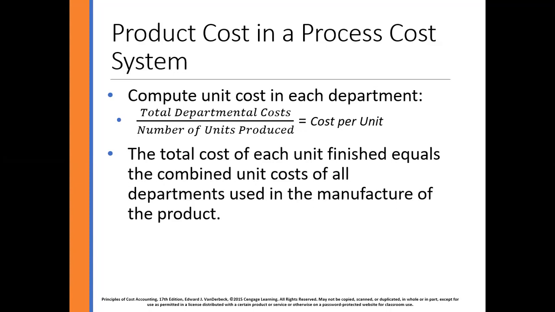They show this on page 259. So we're basically taking material, labor, and overhead for the department, right? The total departmental cost divided by the total number of units produced. And that gives us the cost per unit. And we've gotten practice doing that before together, in chapter 3 if I'm remembering correctly, or chapter 2.